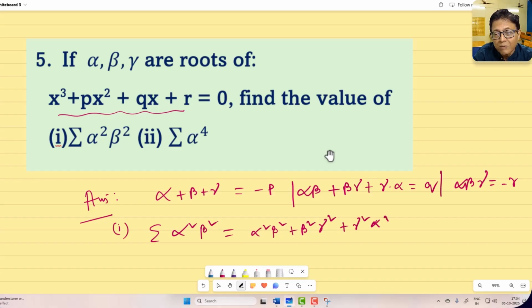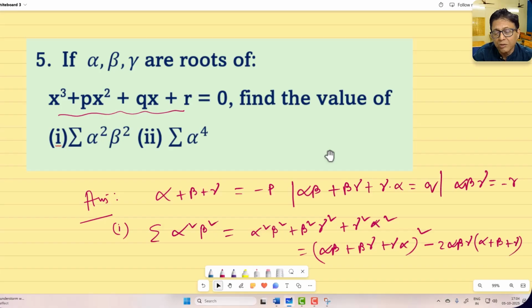It's okay. This you write as alpha beta, beta gamma, gamma alpha whole square minus 2 times this into this, so 2 alpha beta gamma common, and you put their values, that alpha plus beta plus gamma.